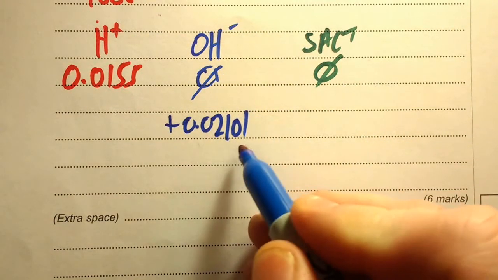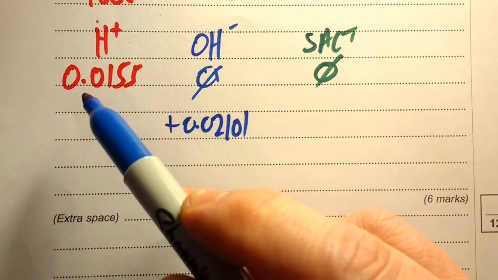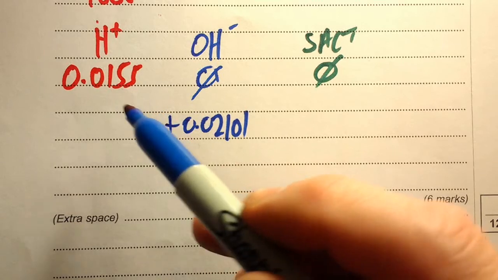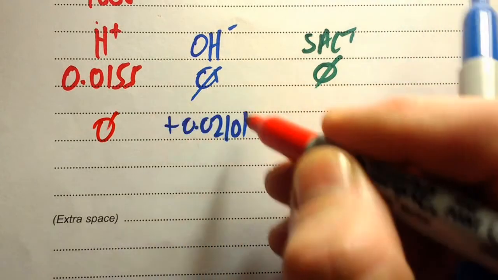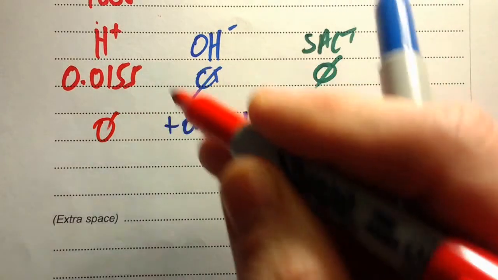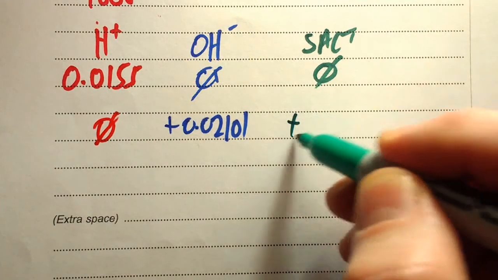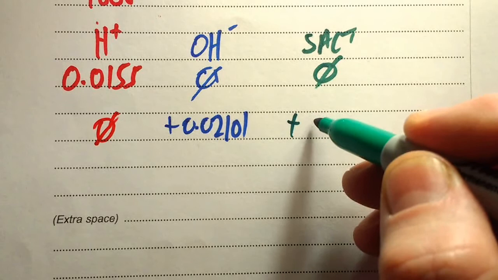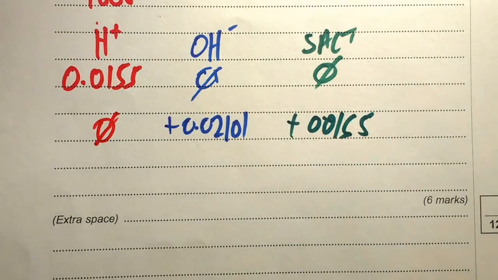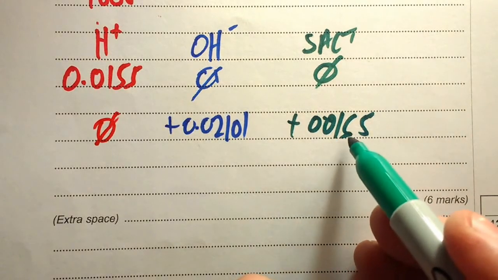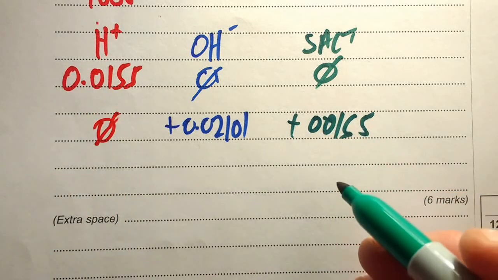We've got more alkali, so the alkali is in excess, so we're going to wipe out the H plus ions, so we're going to have none of them left, because we've got excess alkali, so all of those are going to react, and we're going to form salt. And you only get 0.0155 moles of salt because the acid's the limiting factor.